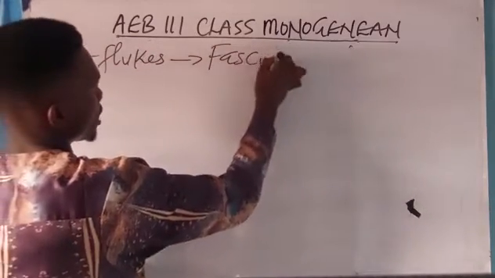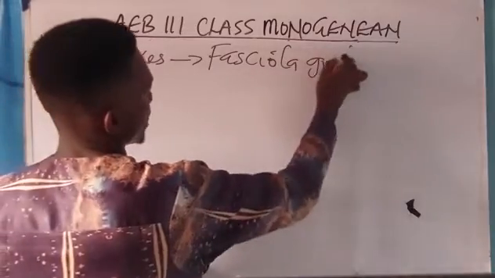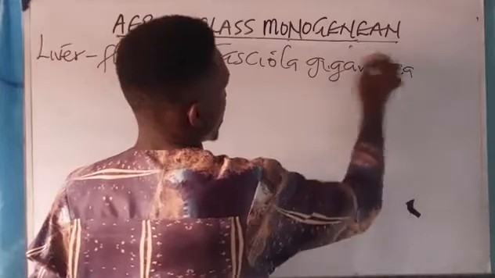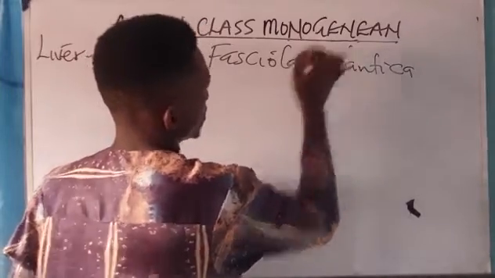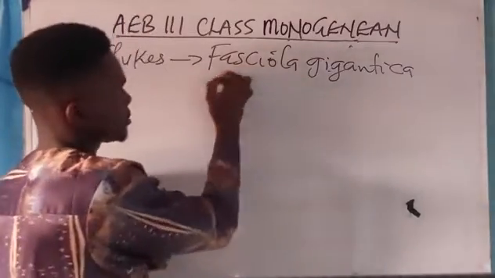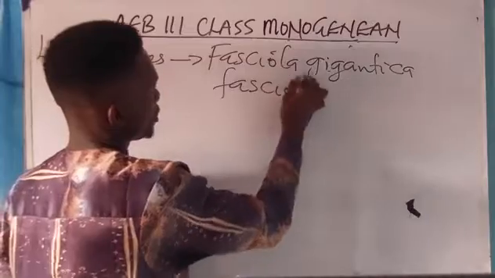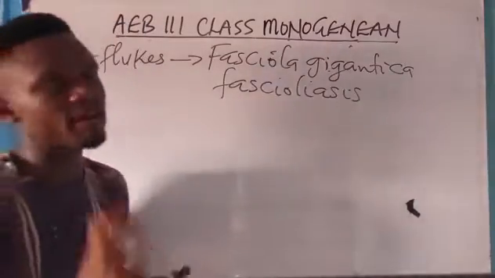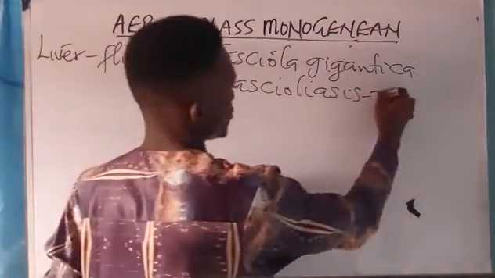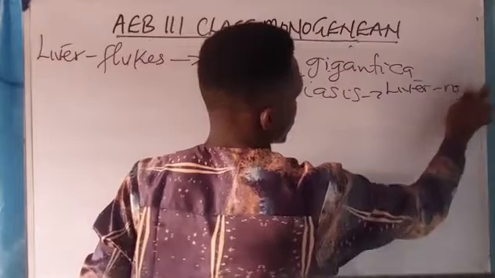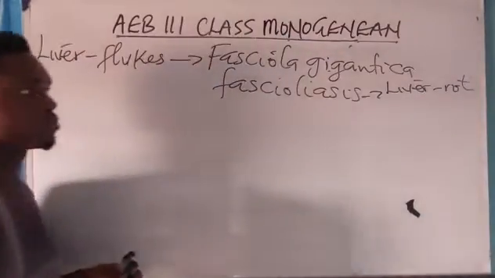We have Fasciola gigantica, and you have Fasciola hepatica. Now, all of these organisms cause a disease called what? Fasciolasis, and it causes what? Liver rot. Fasciolasis means liver rot.